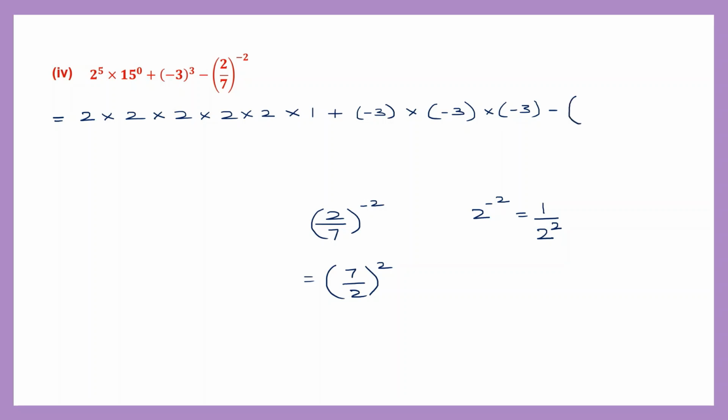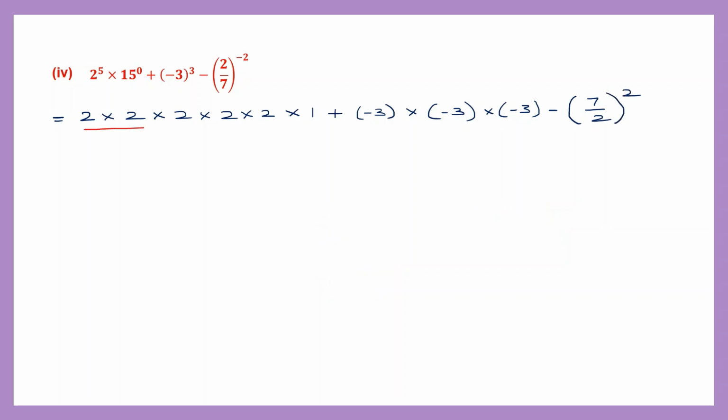So this is 7 by 2, the whole thing raised to the power of 2. So first let's work out all the 2's. 2 2's are 4, 4 2's are 8, 8 2's are 16, 16 2's are 32. So here we've got 32, then we have into 1 plus, now here we have 3.